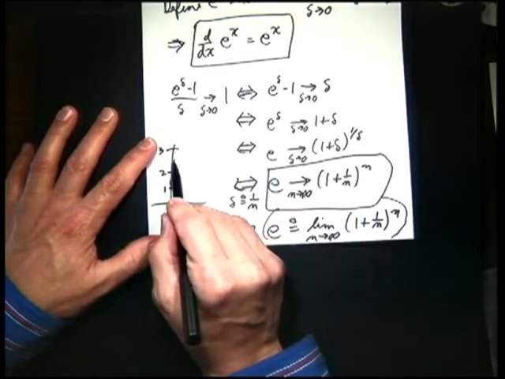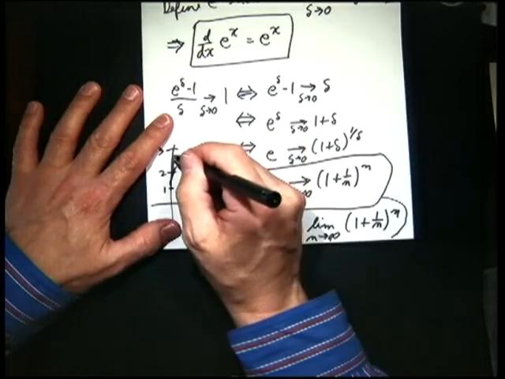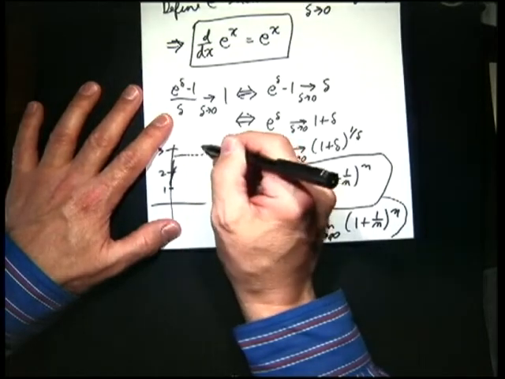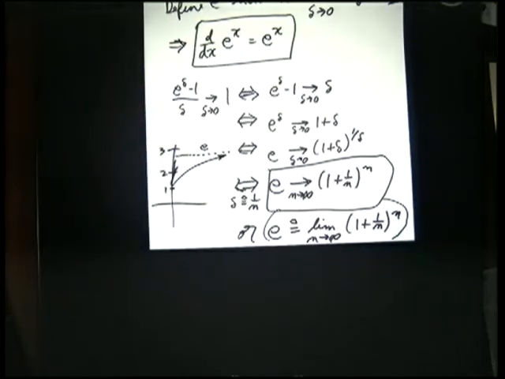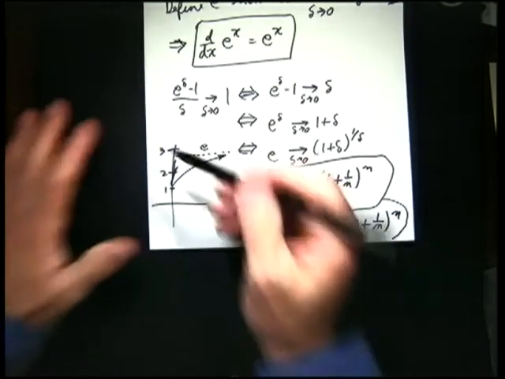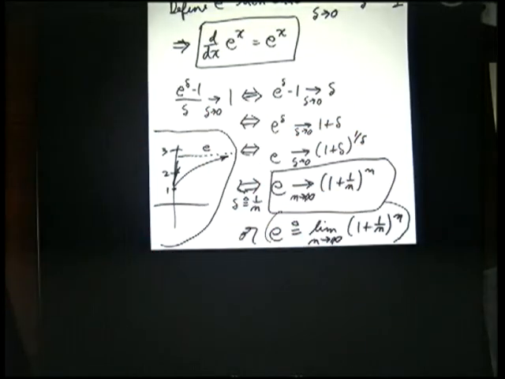There's some asymptote here, 2.71828. So e is up here, and you'll see that it approaches this asymptote. Then you have the issue of proving convergence, but it works out. It does converge to a constant, and it's just one constant for all problems. So it's a universal constant e, and this is where it comes from.